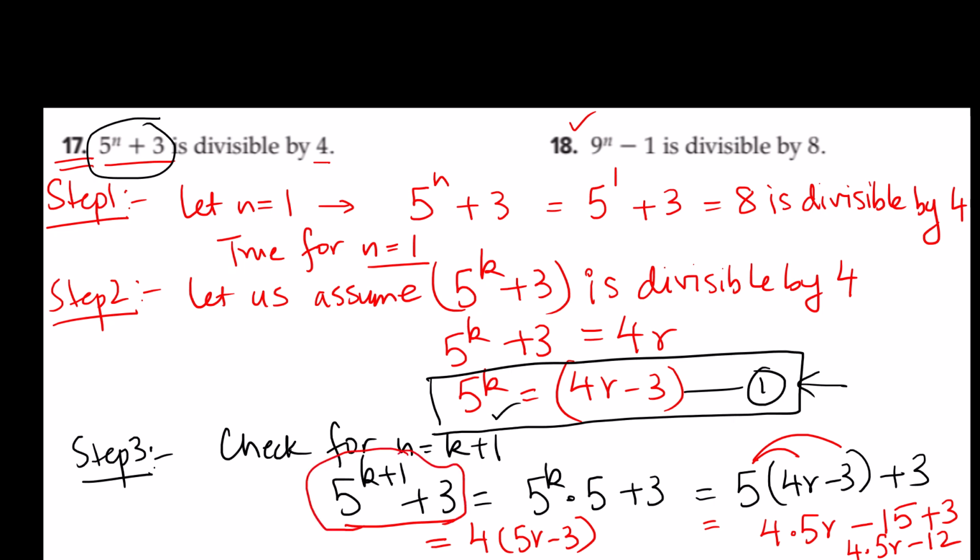So this is definitely a multiple of 4 because it is 4 multiplied with something. So therefore it is proved for n equal to k plus 1 that 5^(k+1) plus 3 is divisible by 4. Hence the proof is complete by the principle of mathematical induction.